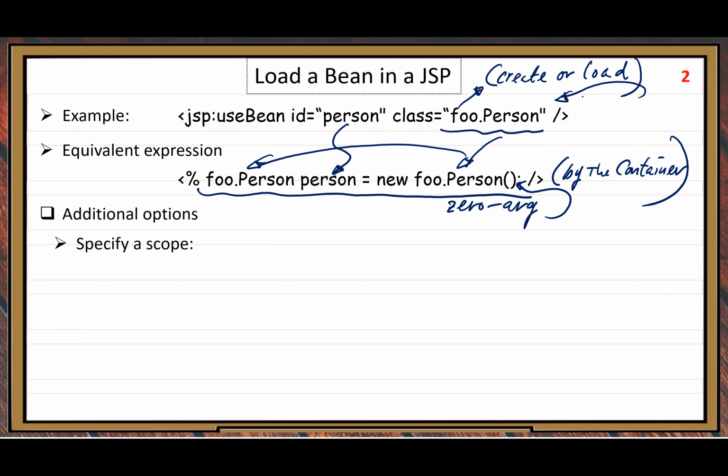Create: if no such bean instance has been created in the JSP context, then it is created.